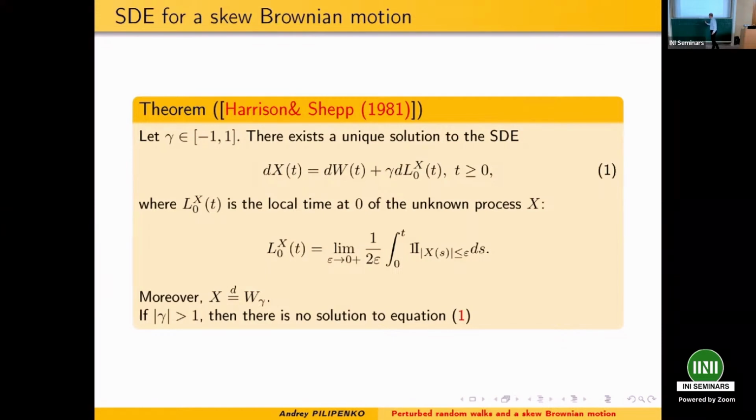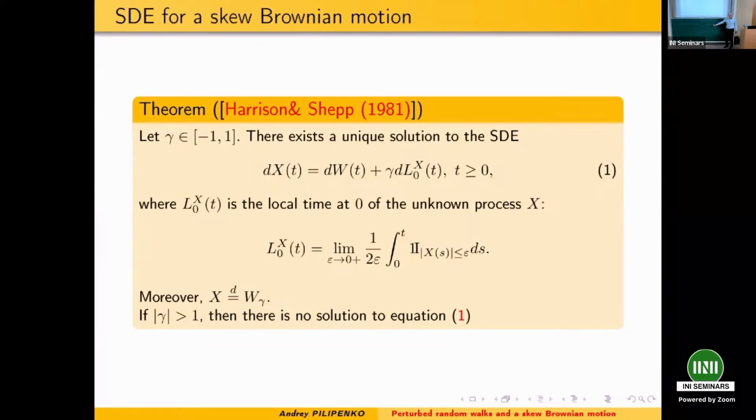as epsilon tends to 0, integral from 0 to t, f epsilon x of s ds, where f epsilon is this function, 1 over 2 epsilon times indicator of absolute value of x less than epsilon.